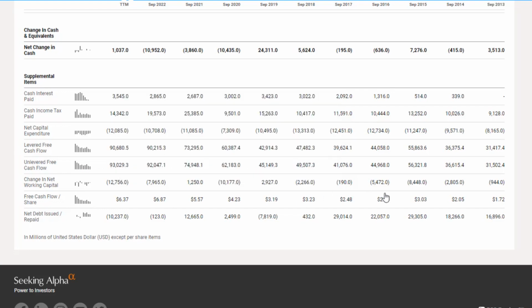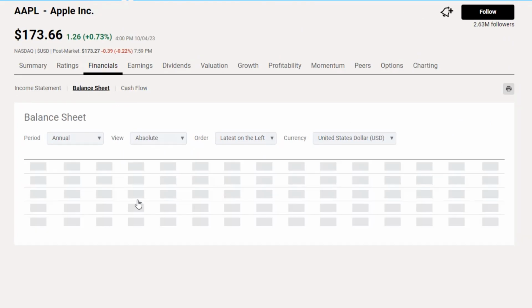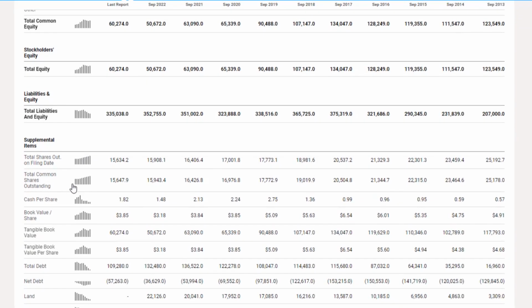The data goes all the way back to 2013, but we're going to take 2014 numbers, $2.05 per share, take it all the way up to the 12 trailing months, and then we have to multiply this figure by the number of outstanding shares. Now, where are we finding outstanding shares? Come over to the balance sheet, and we have total common shares outstanding.